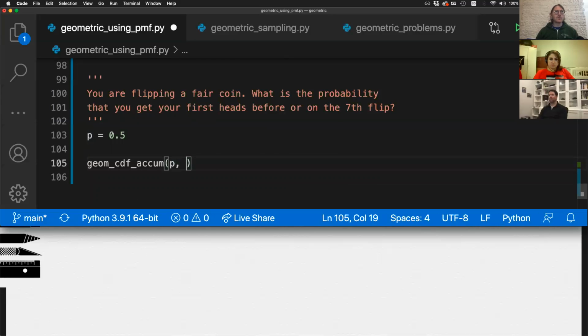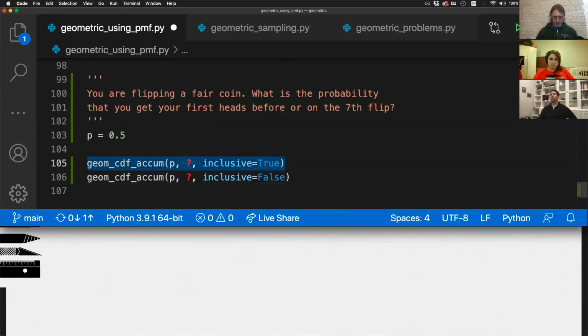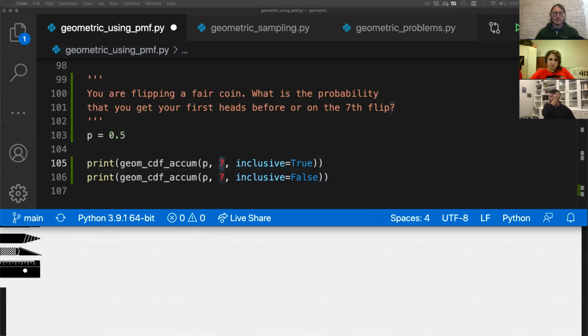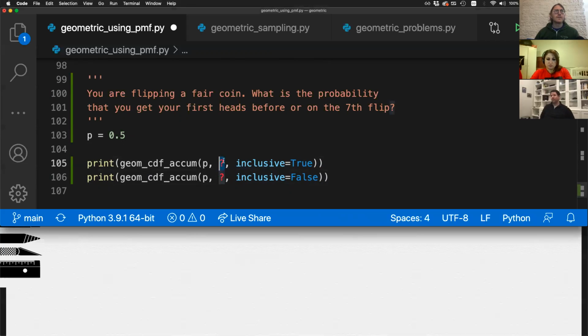I'm just going to ask you, if we say inclusive is true, what is our value for K? And if we say inclusive is false, what is our value for K? So for inclusive is true, what is our value for K? Yeah, it's 7.